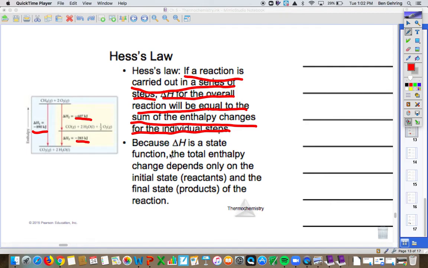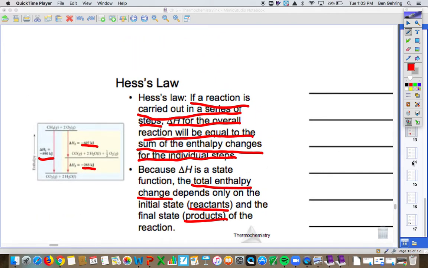Because delta H is a state function, the total enthalpy change depends only on the initial state and the final state of your reaction. So it only depends on the reactants and products at the very end of the reaction that takes place.